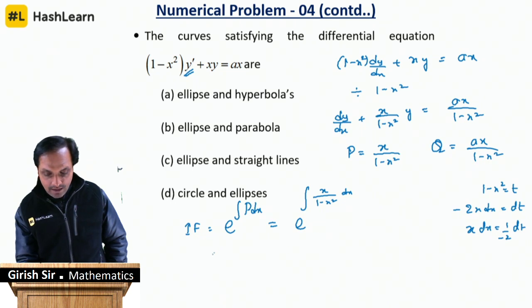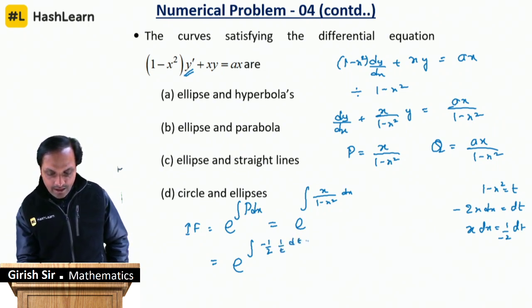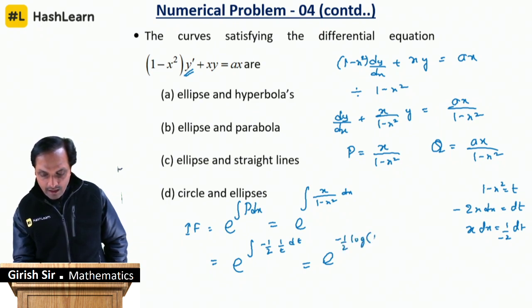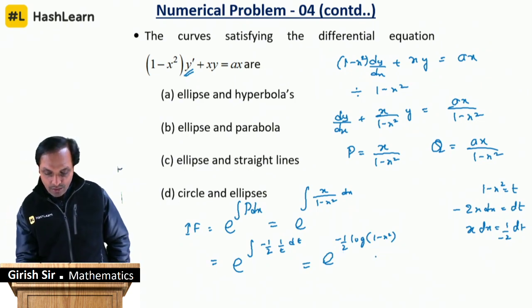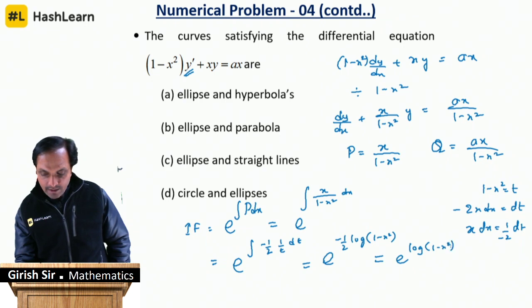So we write e to the power integration minus of 1 by 2, 1 by t dt. So this is e to the power minus half into log t, where t is 1 minus x square. So it becomes 1 minus x square power minus half.